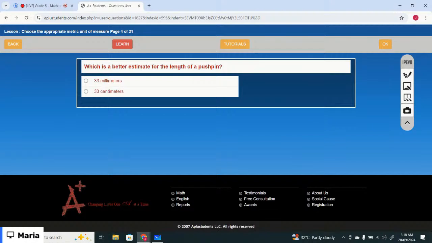Which is a better estimate for the length of a pushpin? Meter is a unit to measure length, but that is 33 millimeters.